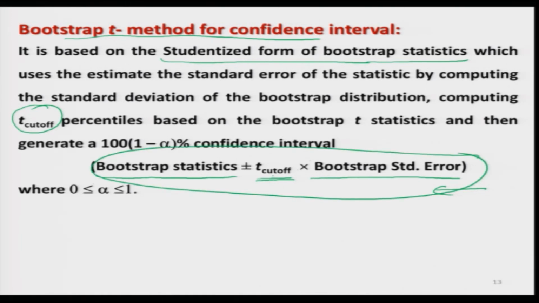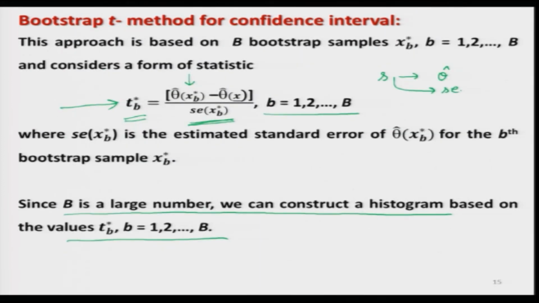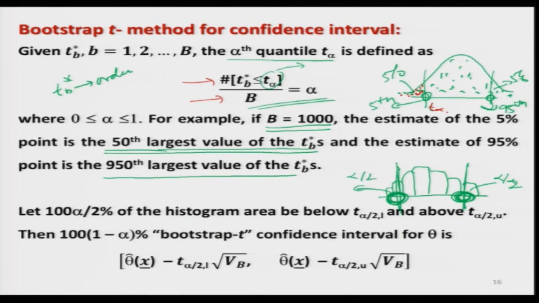So, now I have estimated this T cutoff using this histogram, and then I can use theta hat x and the bootstrap standard error of theta hat, and this critical value is obtained from this constructed histogram, right.